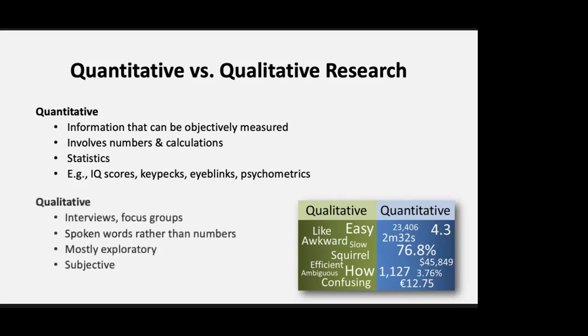But we also have something called qualitative research. These involve things like interviews and focus groups, spoken words rather than numbers. So, talking. These are mostly exploratory research, right? There are no calculations involved with these. These are scales and ratings. This is coding what people say. That's another thing that we do, especially in interviews.